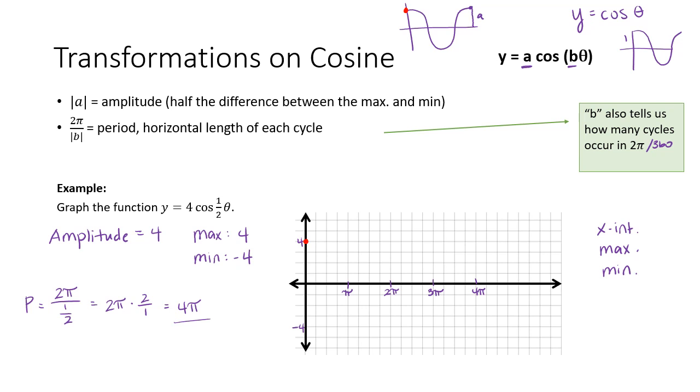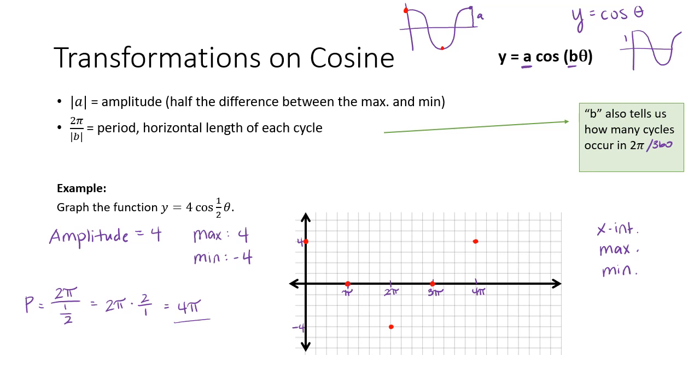The x-intercept will occur right at pi. Then our minimum value, that's the halfway point for us, will be at 2 pi. Then we're going to have another x-intercept as we turn back around right at 3 pi. This is 3/4 of the way through our cycle. And then to complete the cycle, we'll be back at 4 pi, back up at our maximum point.